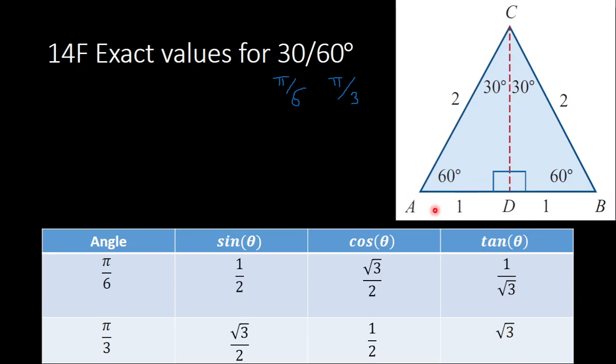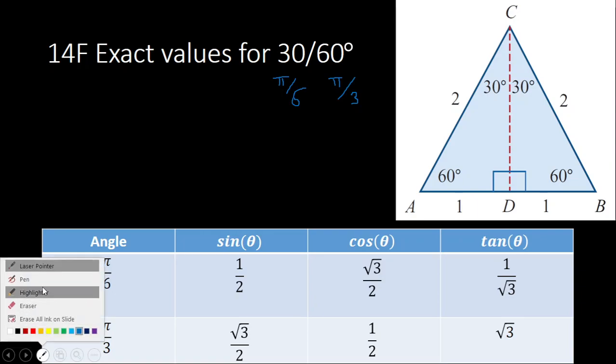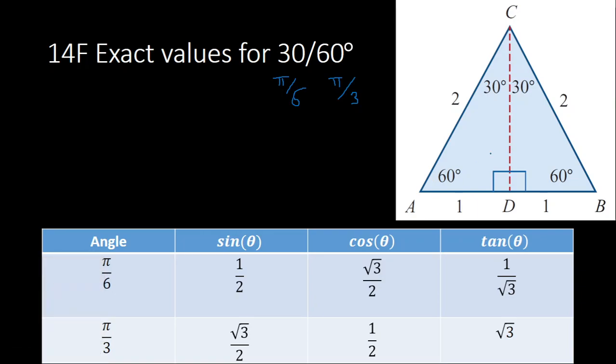Let's go back to the triangle ADC. For example, I just want to show you part of the proofing. Let's do sine of pi on 6. So pi on 6 is 30 degrees, which is over here.